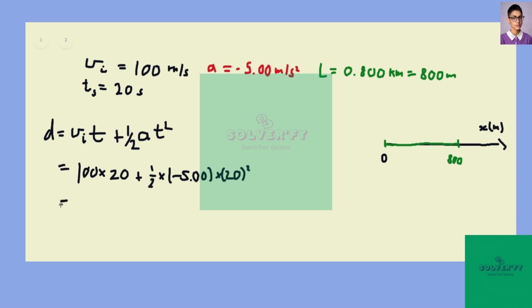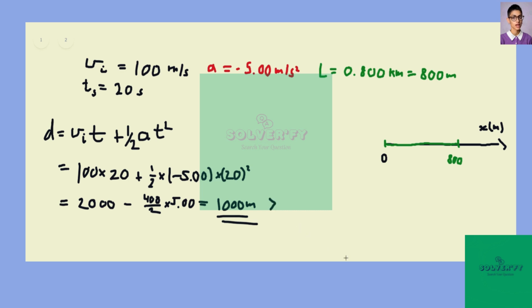Now this is just a simple calculation, so we're going to have 2,000 meters minus 20 squared is 400 divided by 2 times 5 meters per second squared, and this works out to be 1,000 meters.